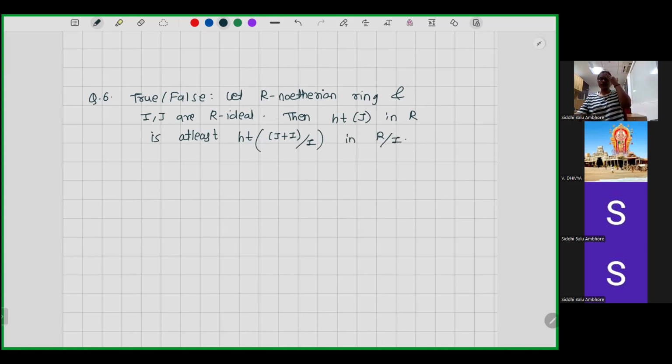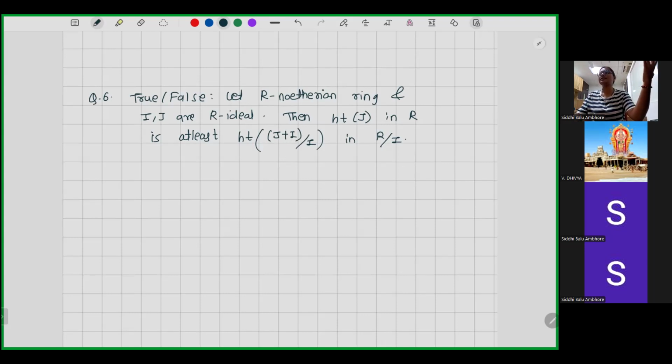When they are writing this J plus I mod I, they are just saying that I and J are ideals in R, then the height of J in R is at least the height of J in R mod I. I hope you understand this is just because J actually need not contain the ideal I itself.